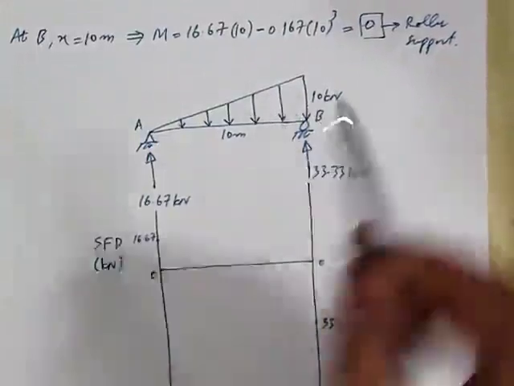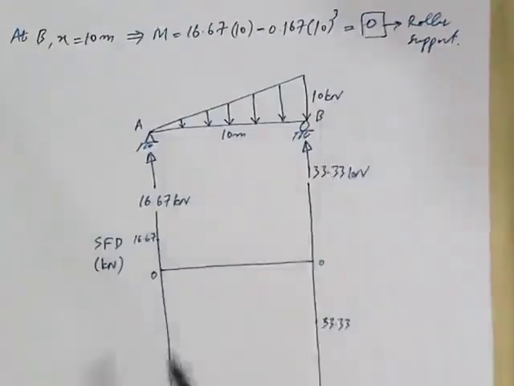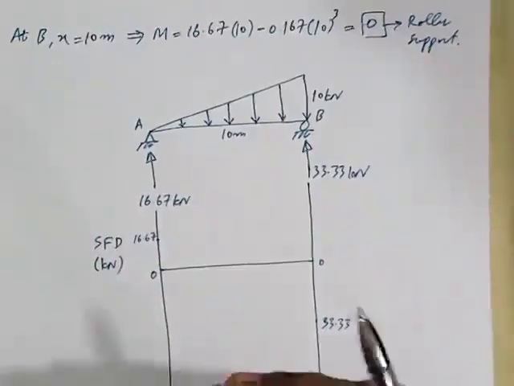And whether this second degree line will be convex up or concave up, this answer will come from the applied load. If the magnitude of the applied load is increasing, the slope of shear force diagram should also be increasing. It's exactly the same way we did it for bending moment diagram in the last class, when we solved a problem in which bending moment diagram was second degree, so we looked at the magnitude of shear force.